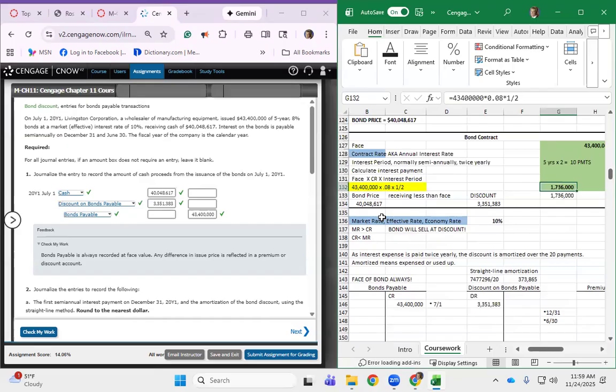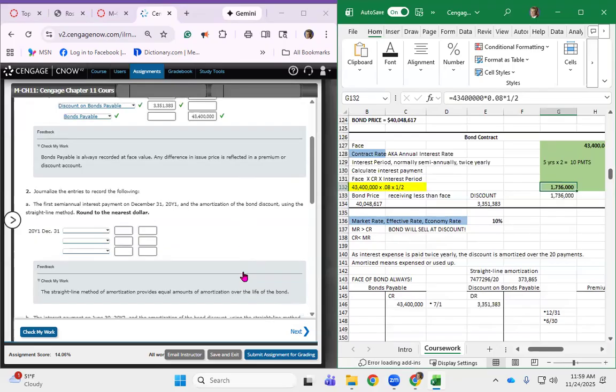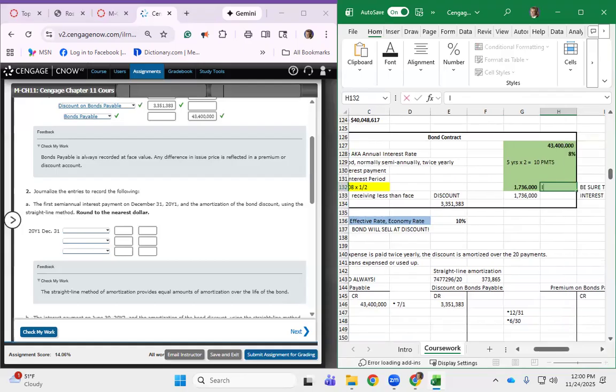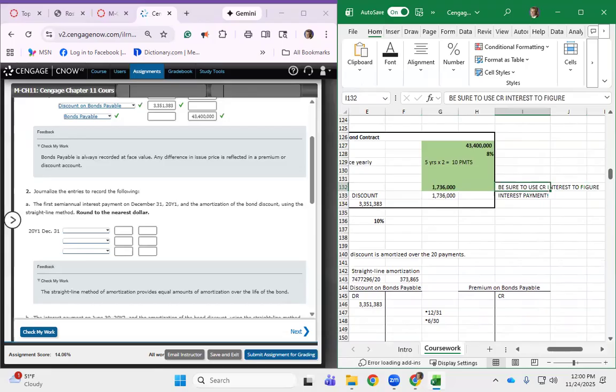We have to pay that to the bondholder. Okay, that's their interest income twice a year. All right, so here's how you start to understand how to create the interest payment. Whatever you calculate right here, that's the check that goes out. In fact, I'm going to put next to my amount here, that is the interest check that we mail.